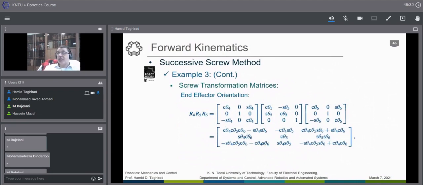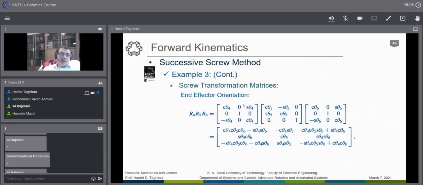This could be quite similar to what we see for the orientation part. So by this means, we have found some nonlinear equations relating the position from the end effector to the joints.